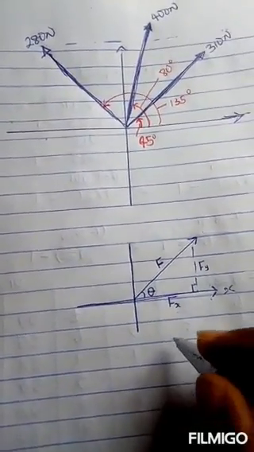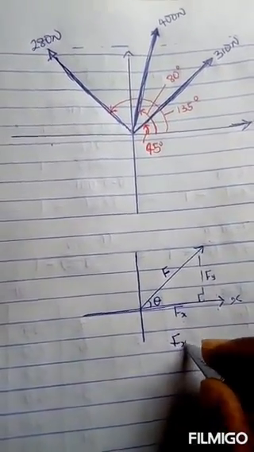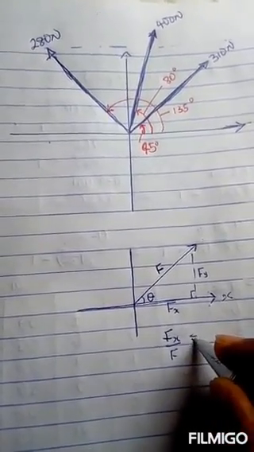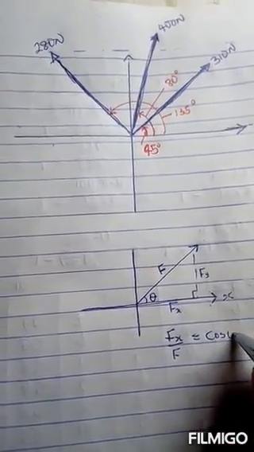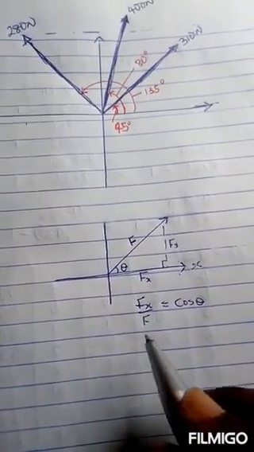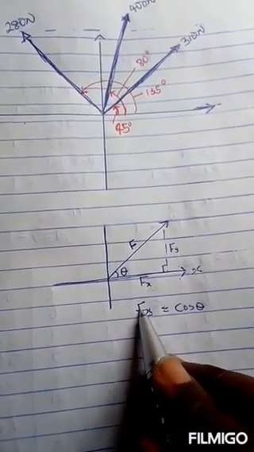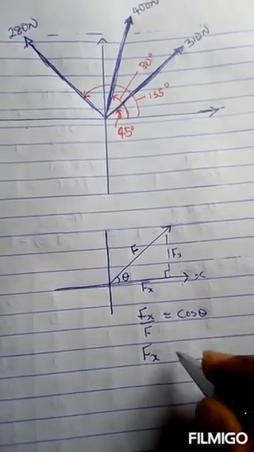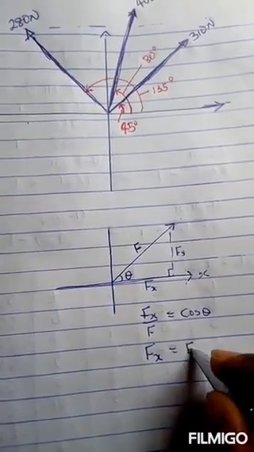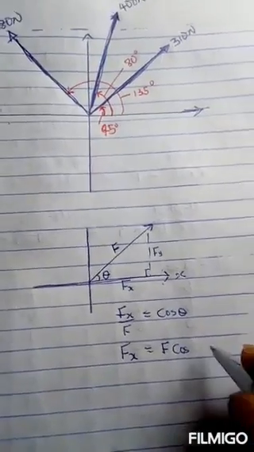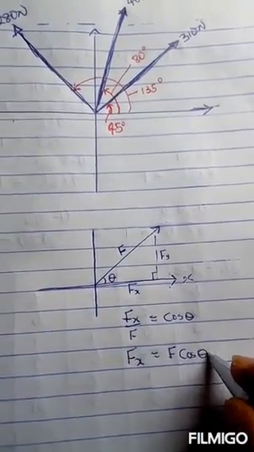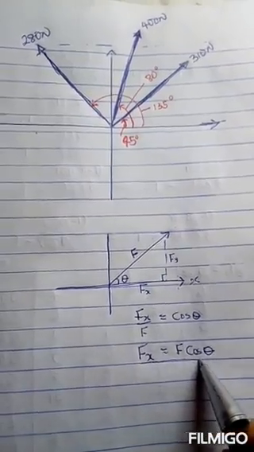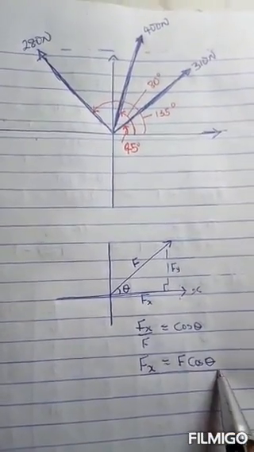So F_x over F will give you cos theta. This is the horizontal force we are talking about. So to get the horizontal force, you have the force times cos of the angle of inclination. This is the formula to get the horizontal force component.